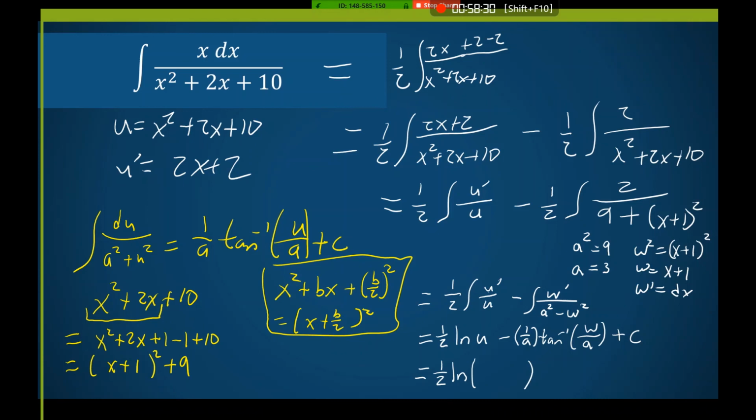So this u is my original u, which is x squared plus 2x plus 10. Okay, x squared plus 2x plus 10 minus 1 over a, 1 over 3 arctangent x plus 1 over 3 plus c.